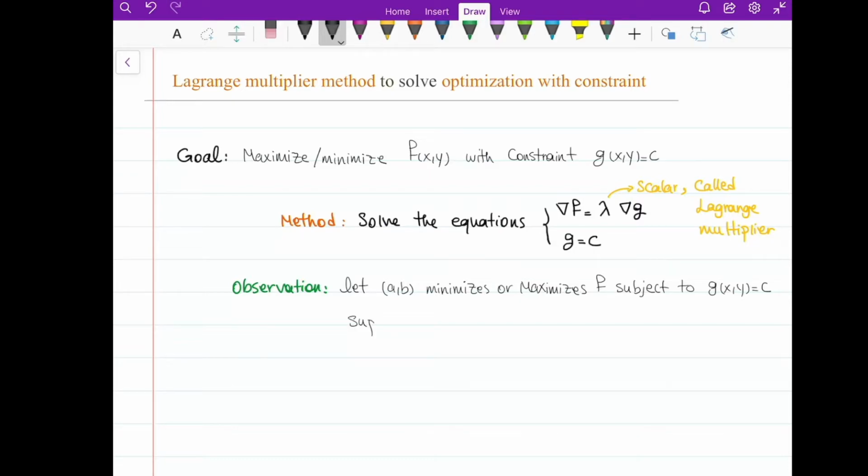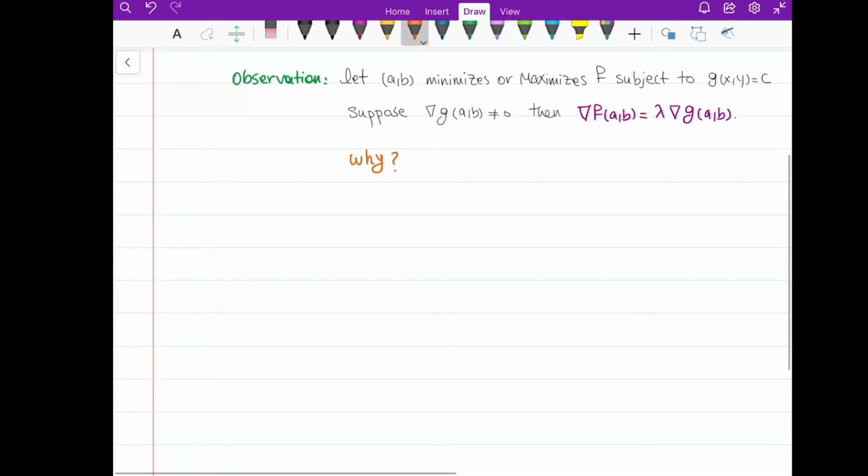And suppose that gradient of g at the point a and b is not equal to 0. Then we have gradient of f at the point a and b is equal to lambda gradient of g at the point a and b. The question is, why? So I'm going to answer that question.